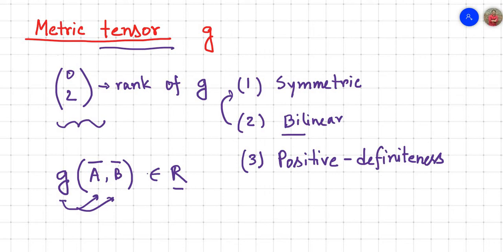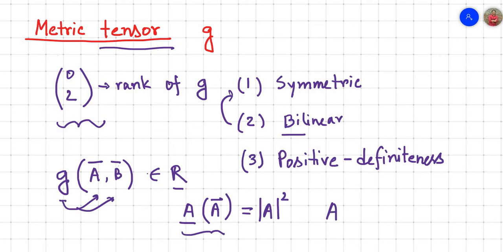Now, by this definition, you can now imagine the dual vectors. For example, let's say A is a dual vector and it also eats a vector and spits out a number. And in this case, if A lower bar is the dual vector of A with the arrow above its head, then this will give us the norm squared of this vector A. But it can be any other vector that it eats up.